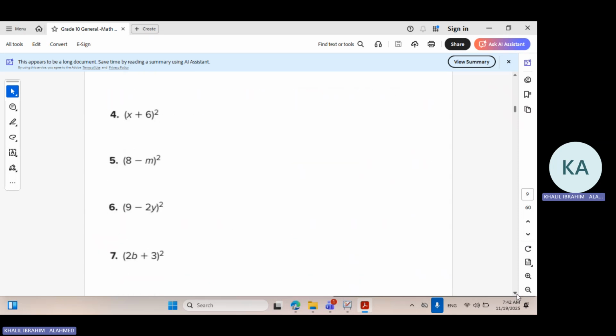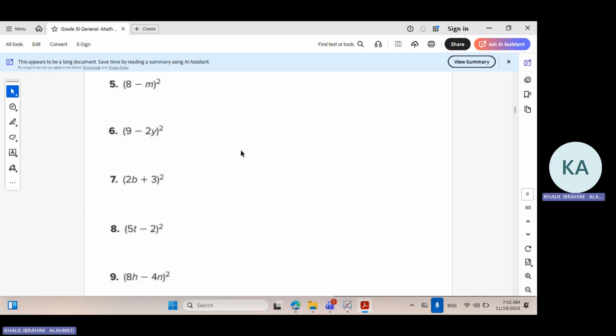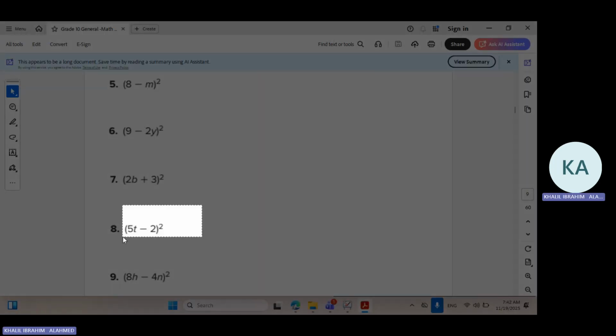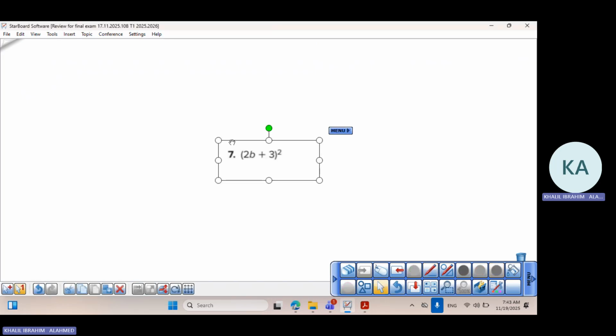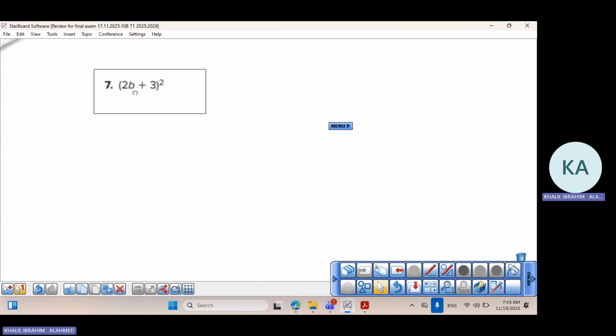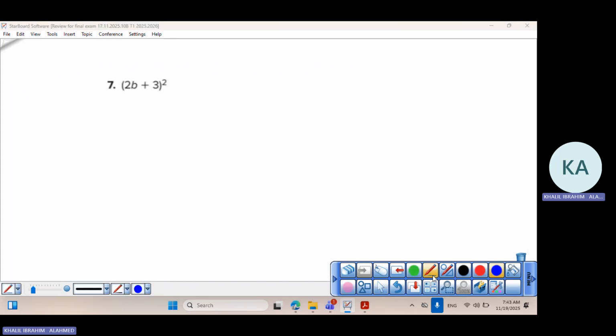As you see here, maybe go to question 3 in Haykal. I will give you question 7, as you see here. How to solve? This is a quadratic identity.